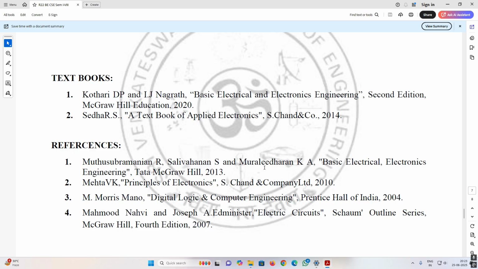Muthusubramanian, Salivahanan, Muralidharan, they have also written one book, Basic Electrical and Electronics Engineering. And V.K. Mehta, Principles of Electronics is another reference book. And Morris Mano, Digital Logic and Computer Design. And Electric Circuits by Edminister and Mahmood Nahvi. So to solve a number of electric circuit problems, you can refer to this book.